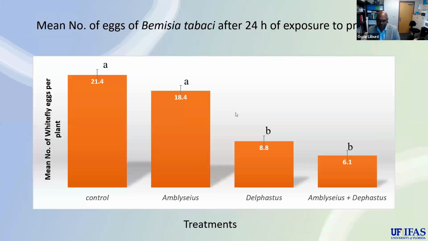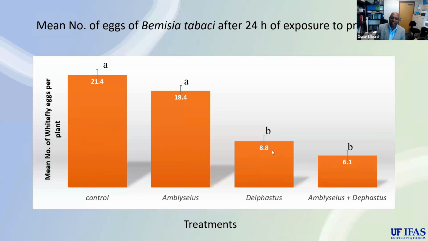Basically, what we found was that this is the control where we did not use any predators, obviously. The second graph represents where we use Amblyseius swirskii, and then we use Delphastus, which is the second predator, and then we use a combination of Amblyseius and Delphastus.